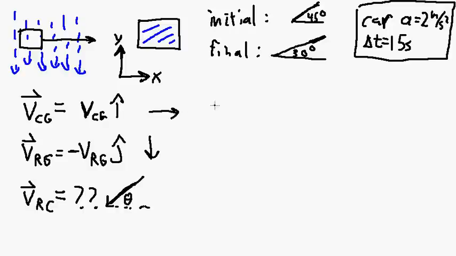So let's see if we can... Where was I going? Let's see how we can make an equation that uses these 3 vectors. Now remember we're using the notation we learned in Giancoli, or wherever you learned it from, where the velocity of the car with respect to the ground is CG. So it's the thing you're talking about the velocity of, and then what you have it with respect to. The rule is you can add 2 things to make something else if you can put the near subscripts together.